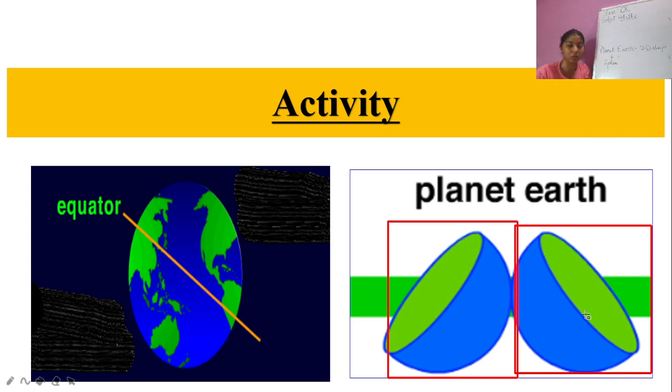Suppose I want to paint this earth from outside. How much paint is required, and how many rupees do I have to give the shopkeeper to paint our earth? Do you know? Basically, we are doing it for a hemisphere.